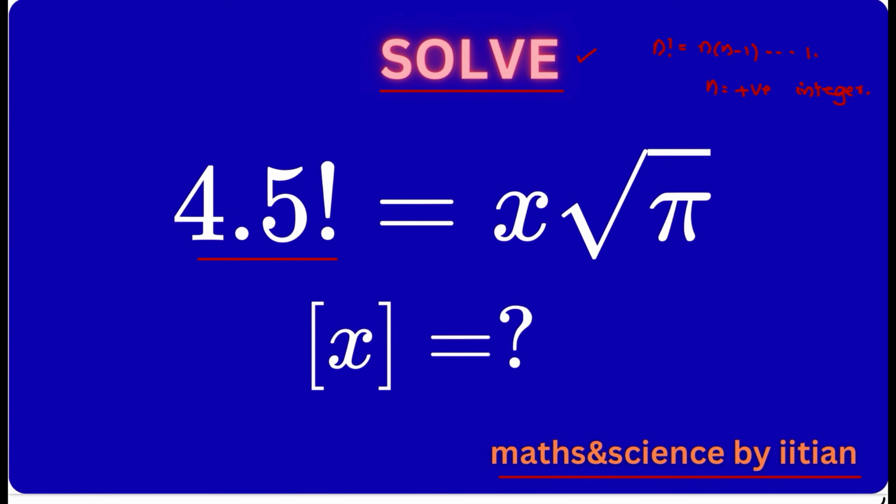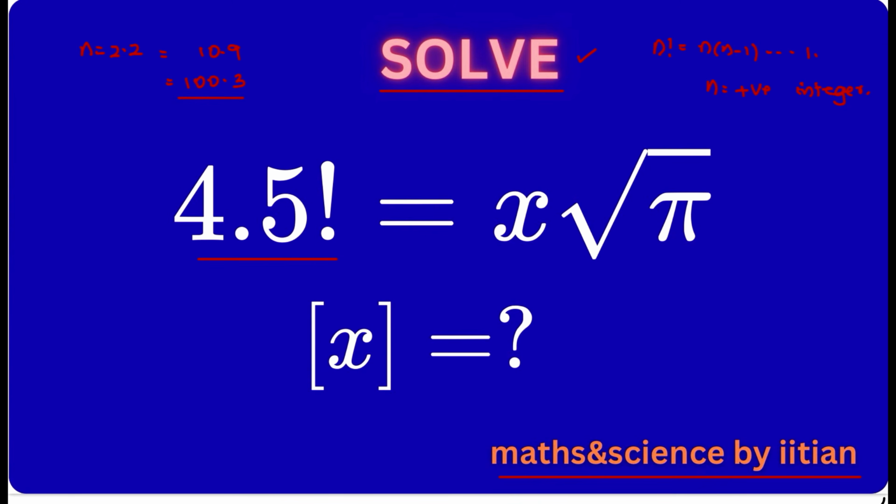If n is not a positive integer, it is a positive real number, for any positive real number, like n equal to 2.2, 10.9, 100.3. How to find out the factorial for them?